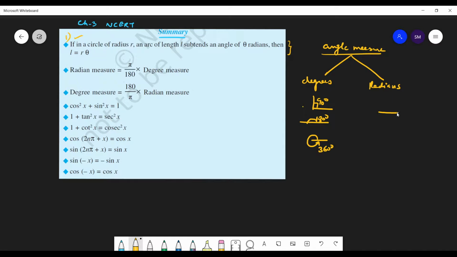In radians, the length of arc is involved. Here this is the radius. This is a complete circle, and I have taken a part of that circle, and this is the length of the arc. If the length of the arc is also r, then the angle is 1 radian.